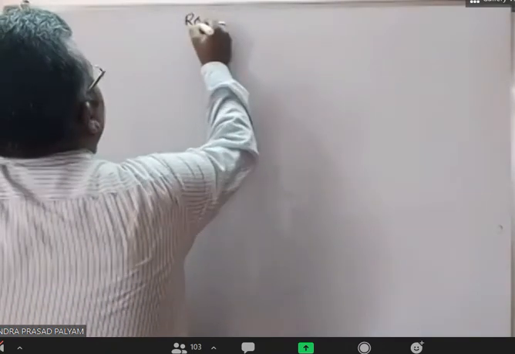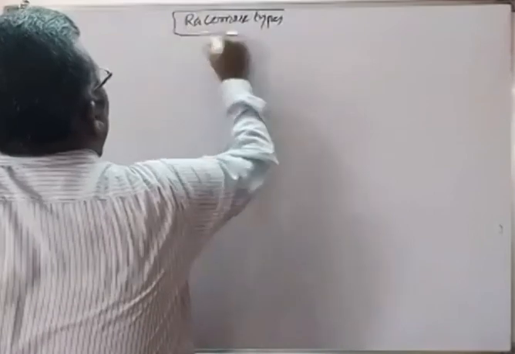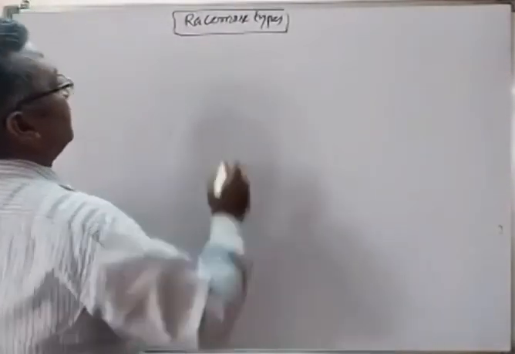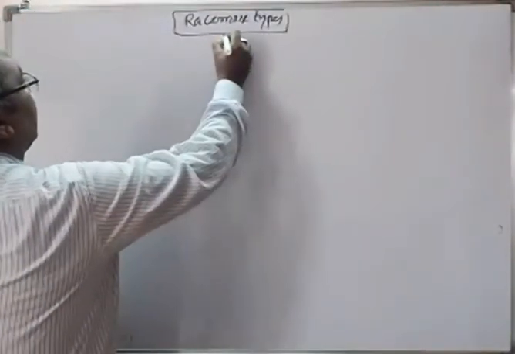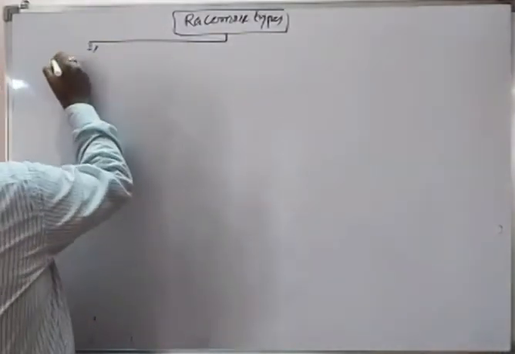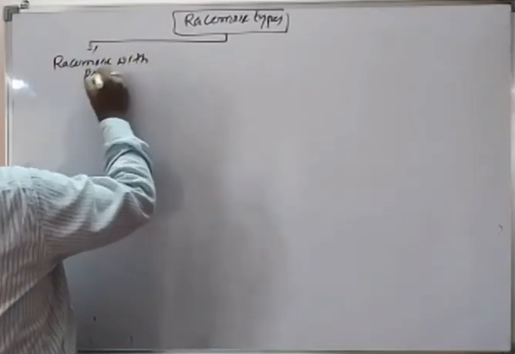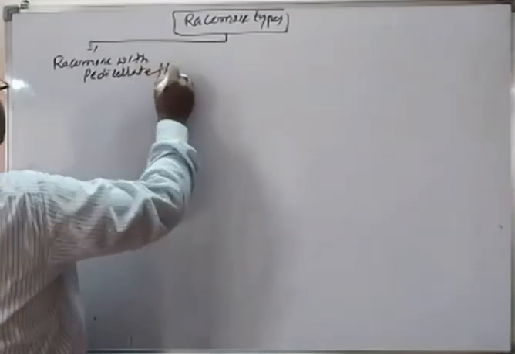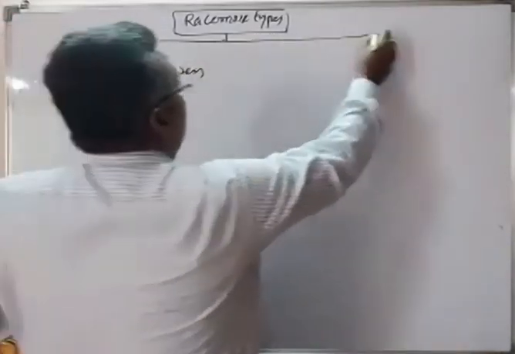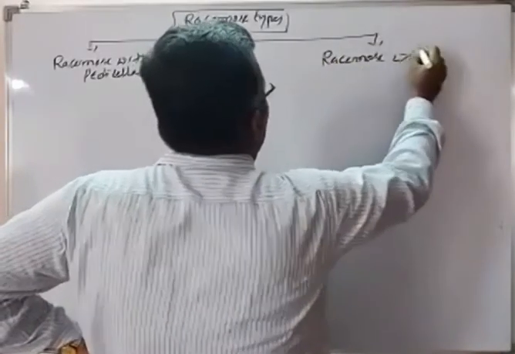Racemose types. Racemose again has different types: racemose with pedicellate flowers and racemose with sessile flowers.